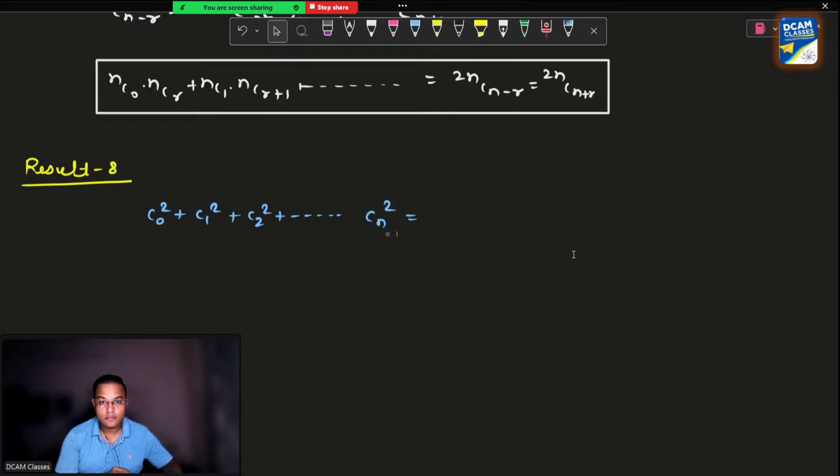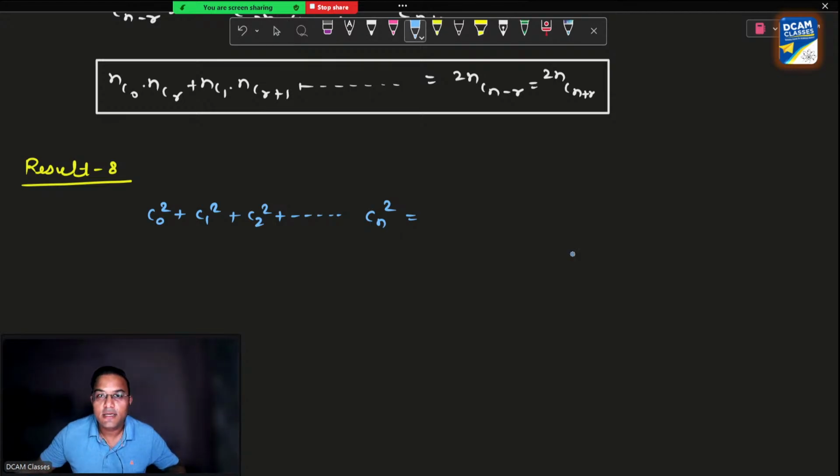So C1, C0 is like NC1 and C0. Sorry, this is actually NC0 square plus NC1 whole square plus NC2 whole square, and so on, up to NCN whole square.